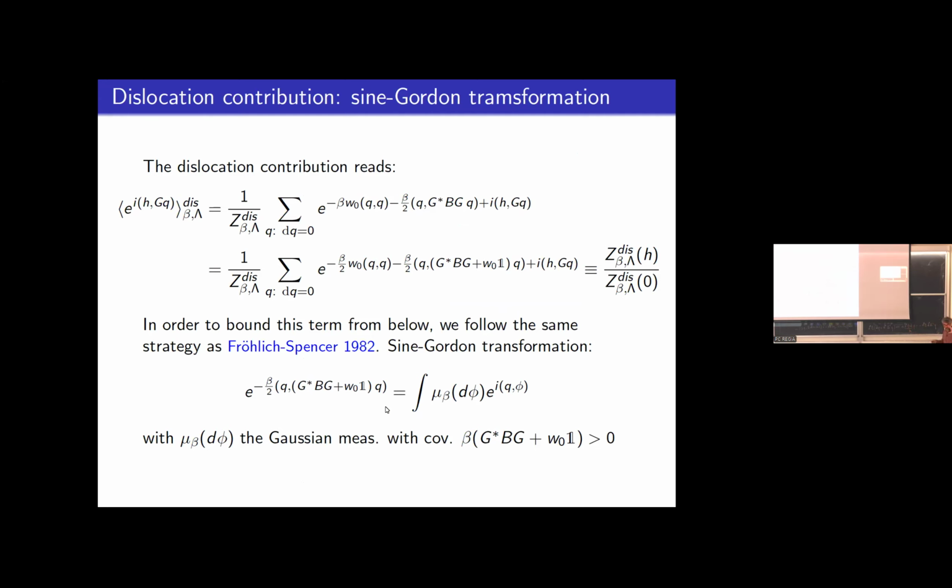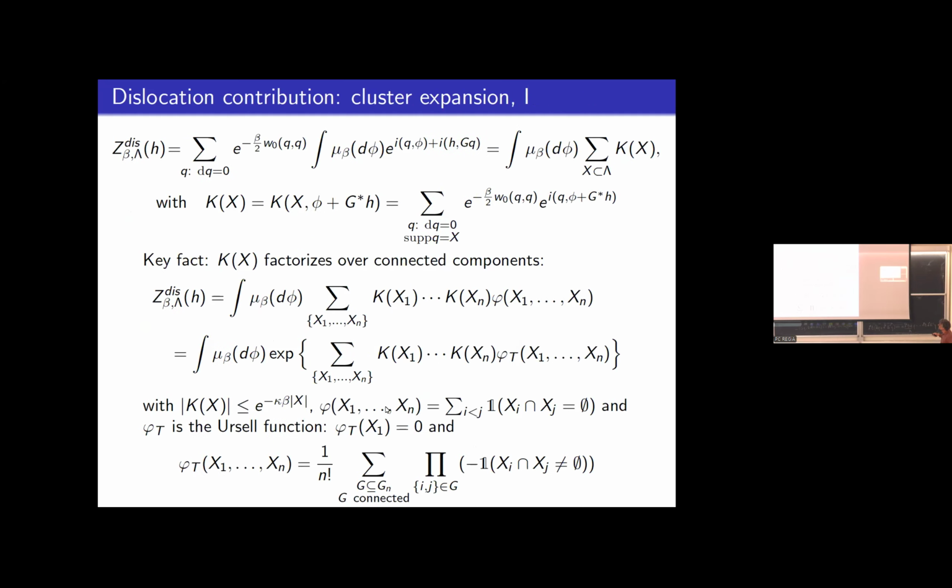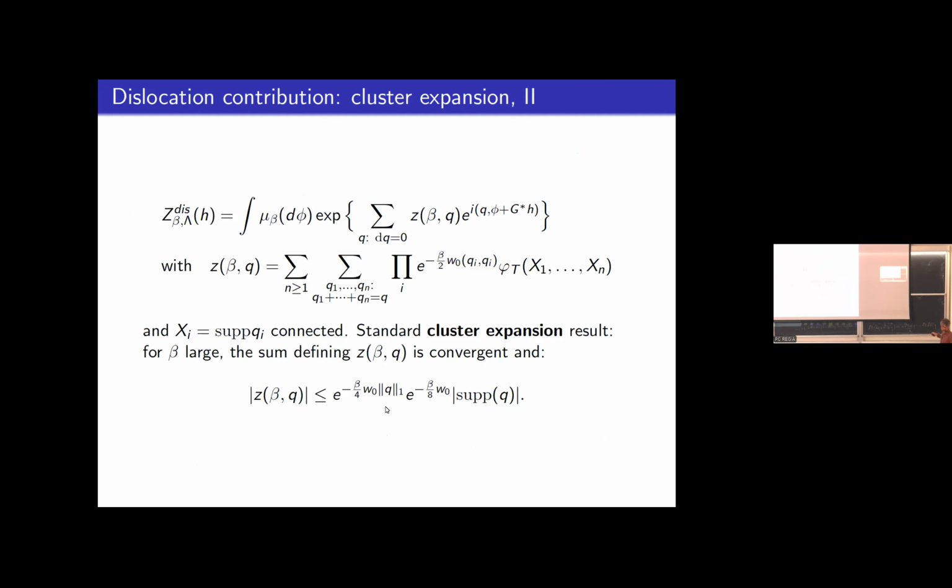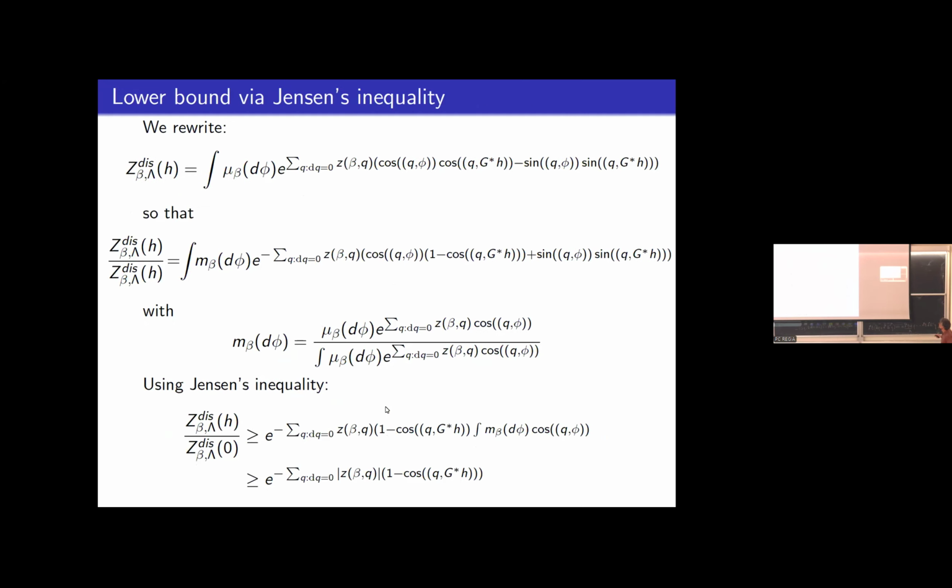So the correlation function we want to evaluate is a ratio of Z of H divided by Z of 0. Okay, so this is a typo, this should be 0, sorry. Down in the denominator, I have the same expression with H equal to 0. So this is replaced by 1, and this is replaced by 0.